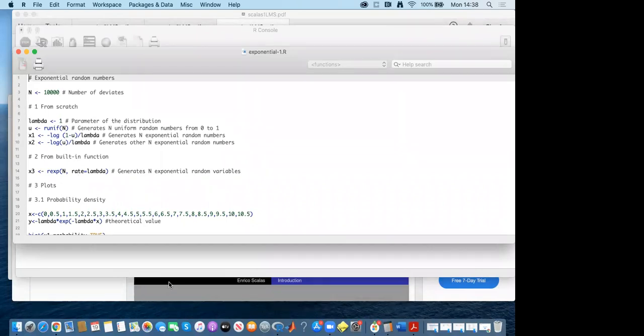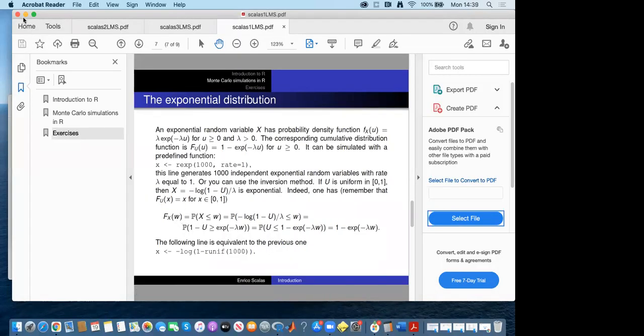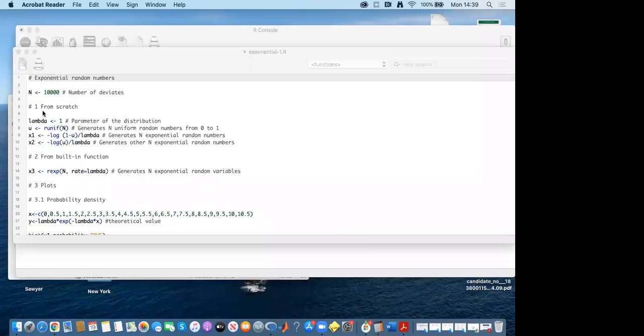Let me see if I made a mistake here. No, it's correct. So now let us see what we are doing here. We are defining in this line the number of pseudo-random numbers we want to generate.